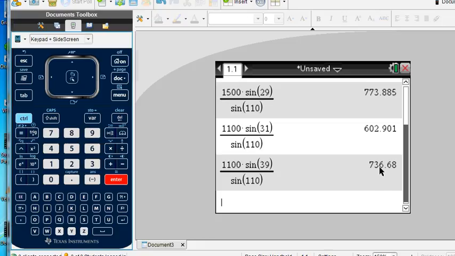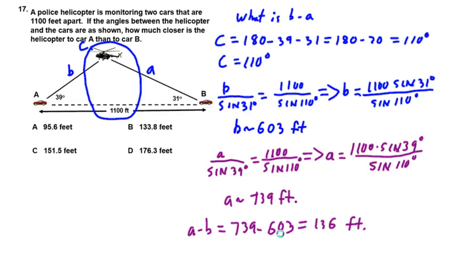Yeah, 737 minus 603. Let's do that and see if that makes a difference. So that's going to be 134 feet, right? Yeah, that looks better. So that's going to be our closest to the nearest foot. So our answer is going to be B.